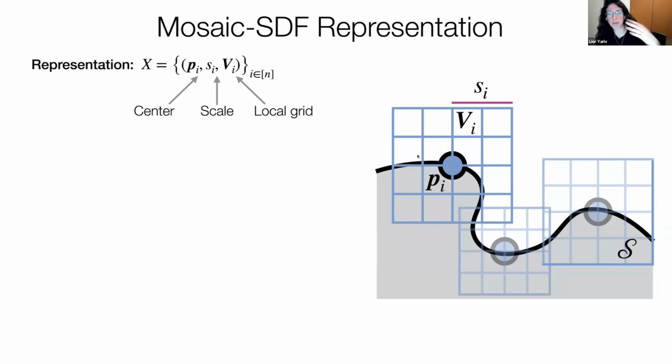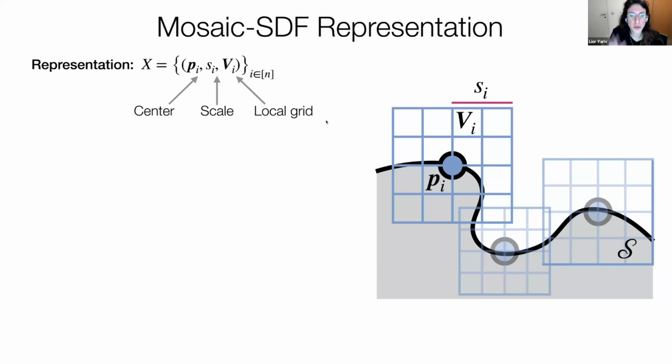Okay, going back to our representation, which we call X, you can first of all see that it is a tensor. A point cloud is an n by 3 tensor, while ours is n by m, where m is n by d, and d is the number of variables that we have for each one of these volumes.